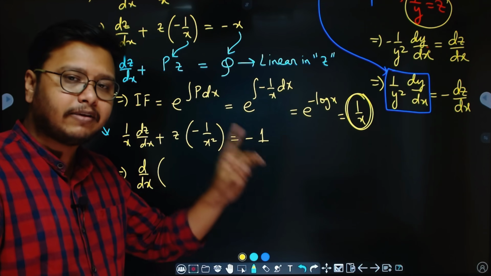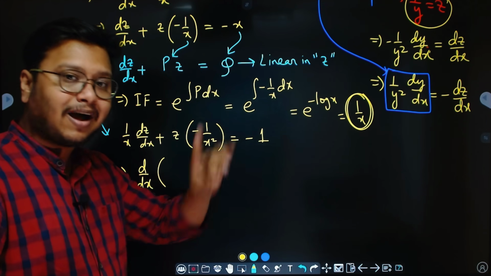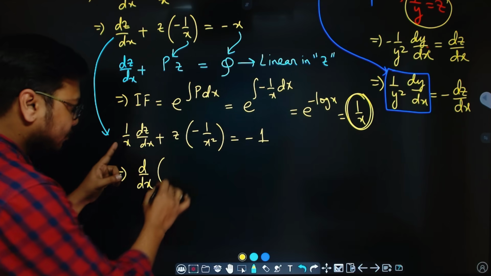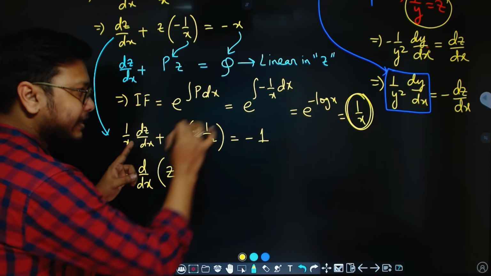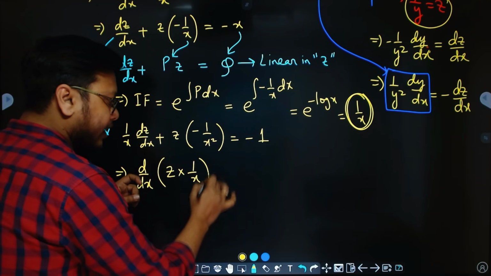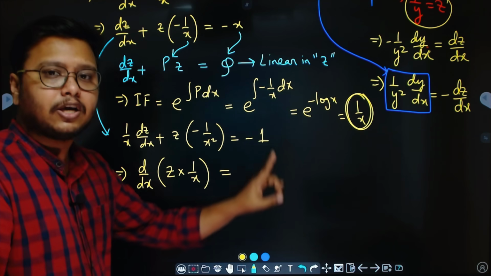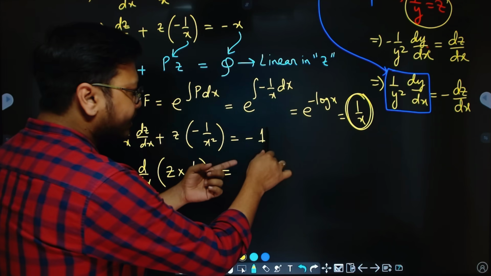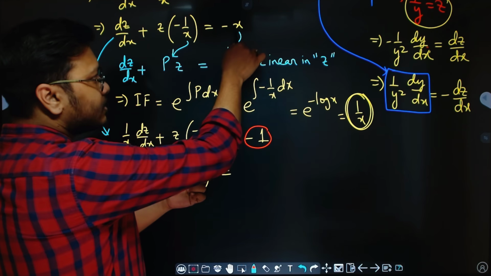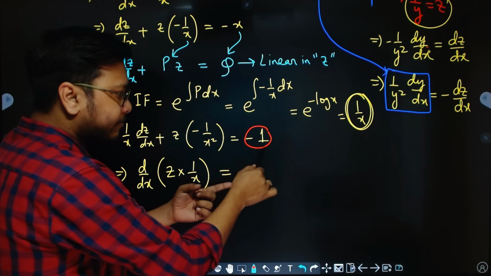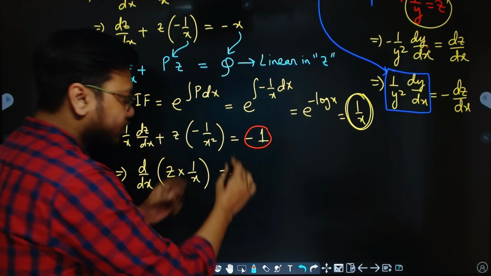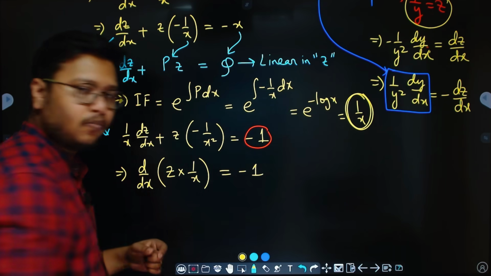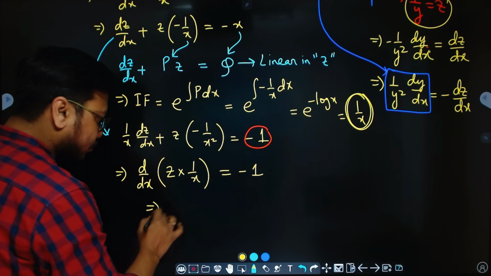Previously it was y into integrating factor, so now it's going to be z into integrating factor, which is 1 by x, equals the right hand side, which is q into integrating factor. What is q into integrating factor? We have already got that. Our q was minus x into integrating factor. We have already got that as minus 1. So q into integrating factor is minus 1. So this was the solution format.